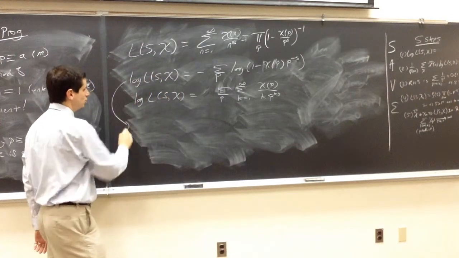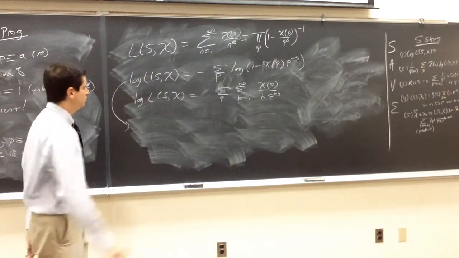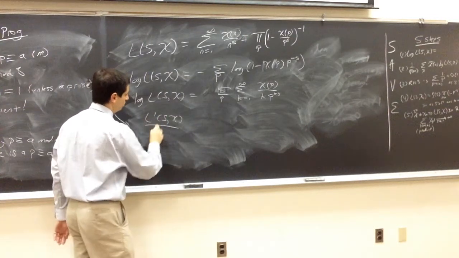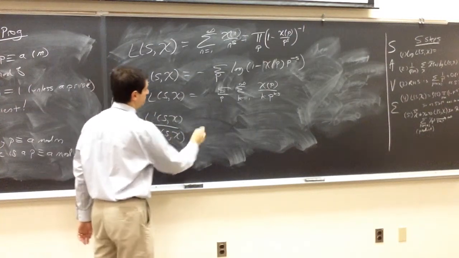We could also take the logarithmic derivative, and if we do, we would get L prime of s, chi over L of s, chi.